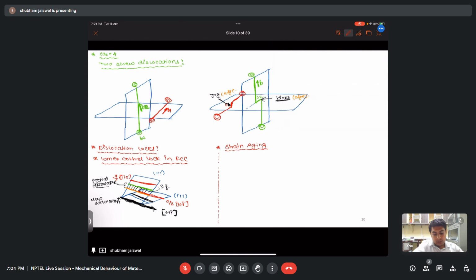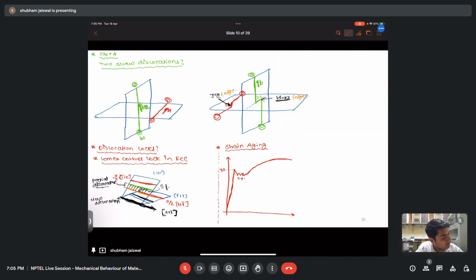So let's say I have a stress strain curve, something like this. In this case, this is the yield strength, and here we have seen the yield point phenomenon.